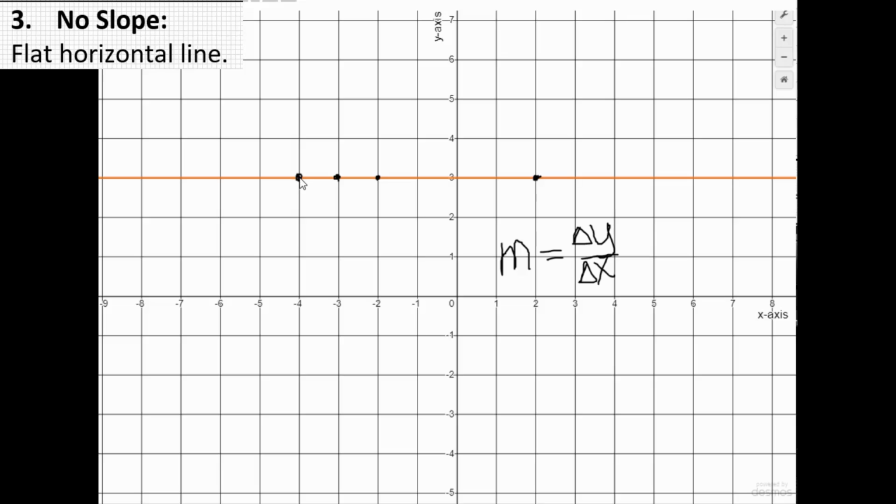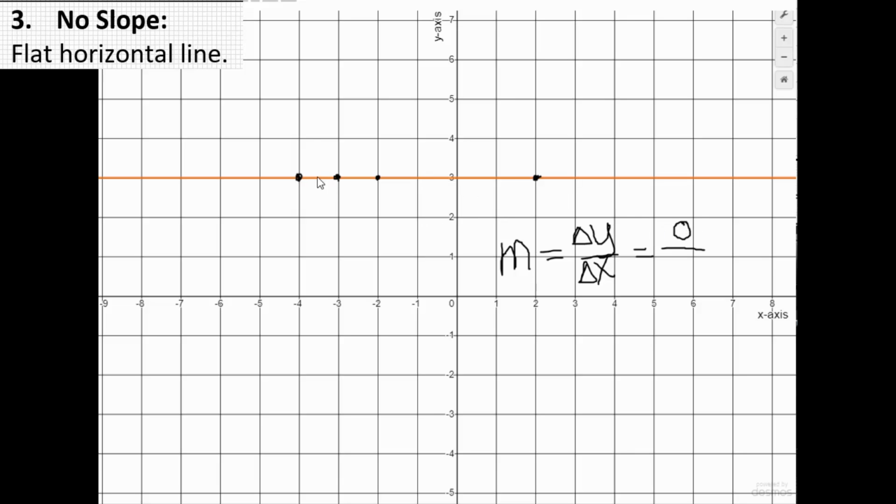We've been counting how much does it rise or drop between each point to describe the change in y. Well, do you notice it rising or dropping at all? No, it stays flat. So our change in y is 0. It doesn't go up and over, it doesn't go down and over, it just goes horizontally to the right, it doesn't go up or down, so the change in y is 0.